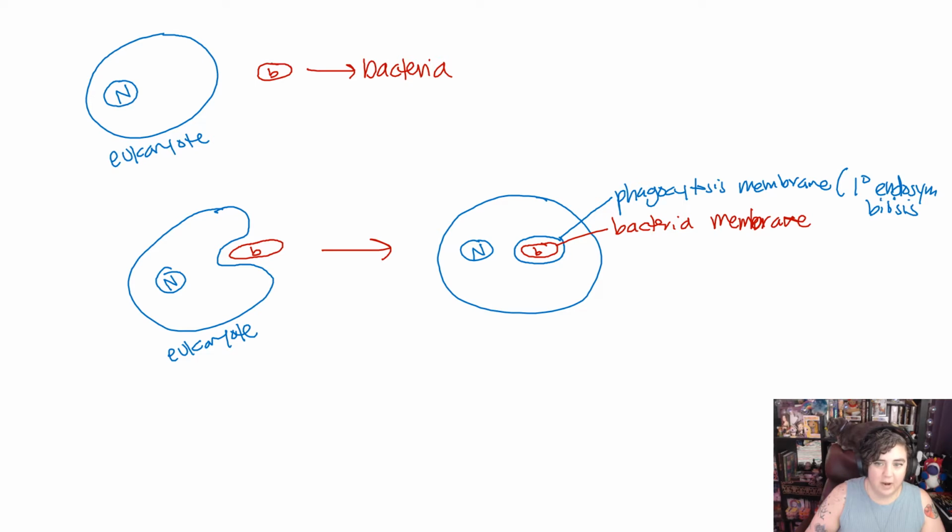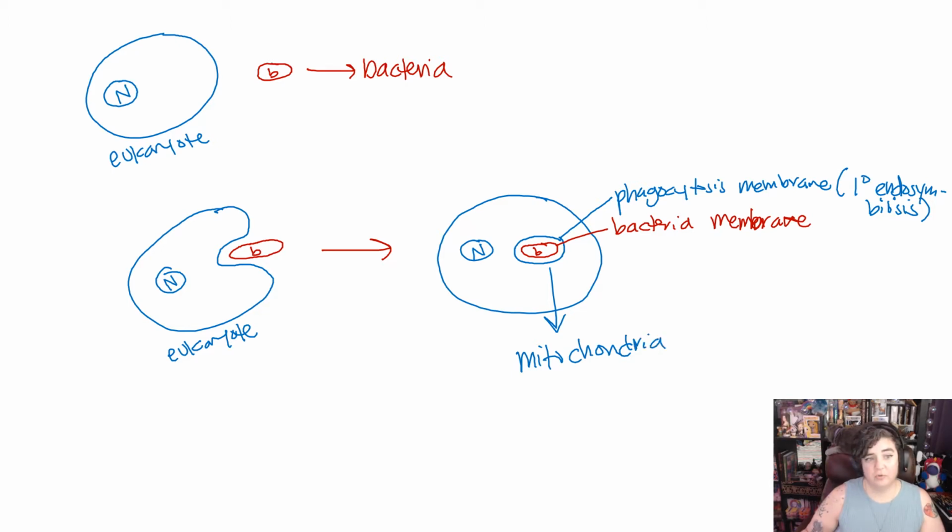And I say primary endosymbiosis because you guessed it, there's going to be a secondary endosymbiosis later, but not with the mitochondria. Okay. So this organelle now has two membranes around it, and eventually this becomes the mitochondria.